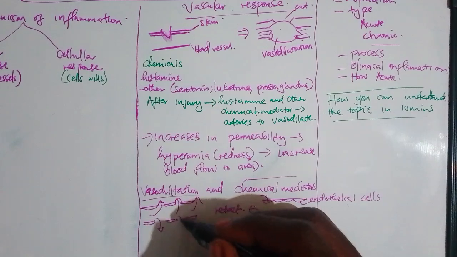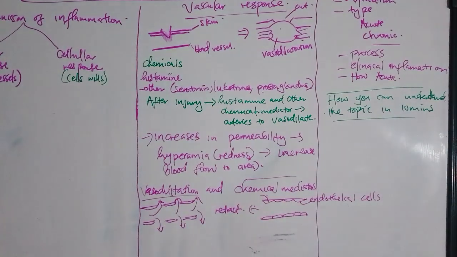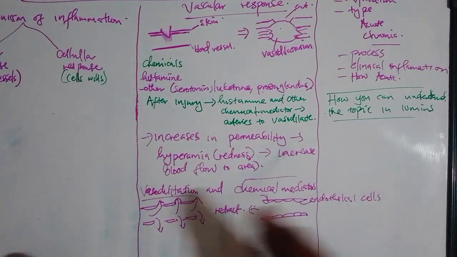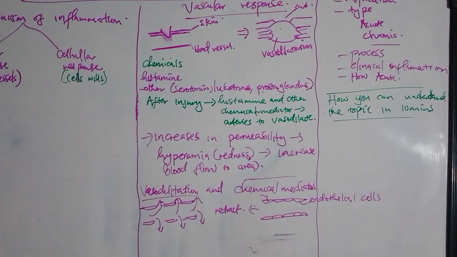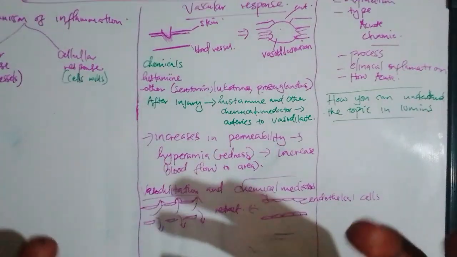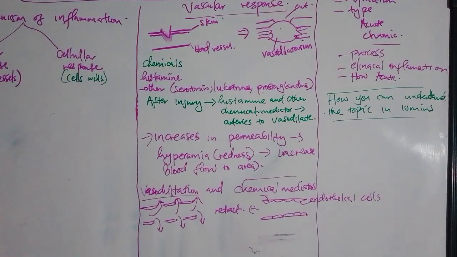This is also how white blood cells come and escape the blood vessels, because the white blood cells need to move outside so that they can attack the pathogen.